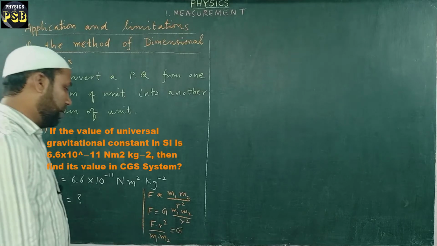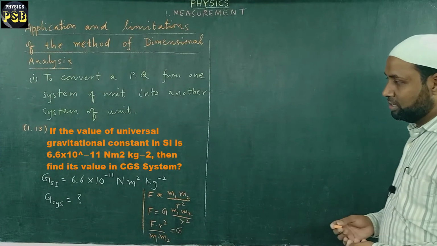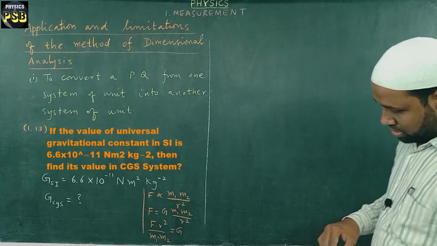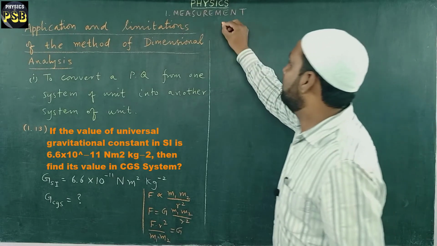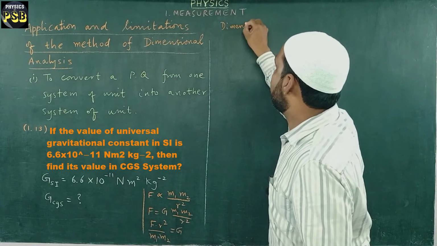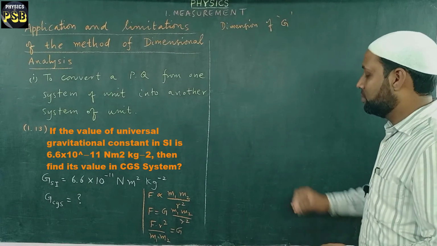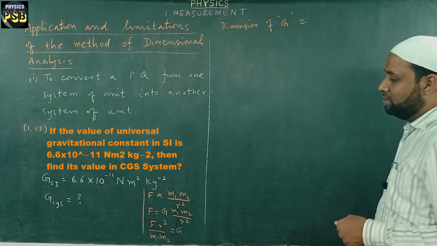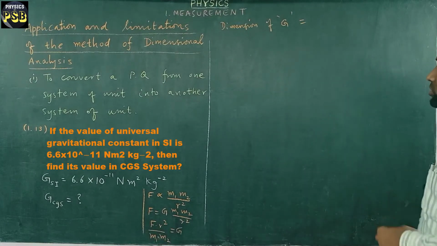So the dimension of G is obtained by substituting the dimension of each term in this equation.